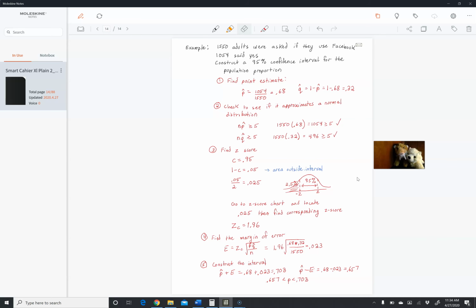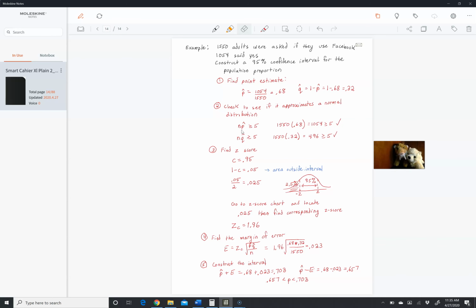Then we check if the sample approximates the normal distribution: the sample size times the sample proportion must be greater than or equal to 5, and the sample size times the proportion of failures must be greater than or equal to 5. If so, it approximates a normal distribution, so we can find z-scores.